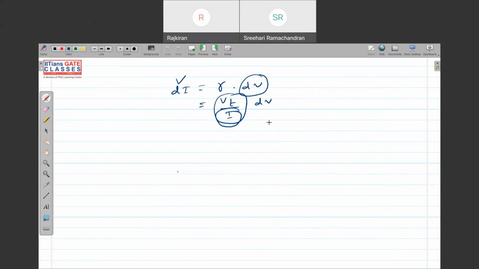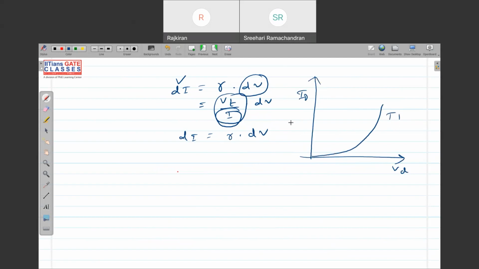So the change in current will depend upon what operating point you are in. And it is also depending on temperature, right, sir? Yes, it will depend because VT is there, so the R will depend on temperature. If you want to draw the ID-VD curve for different temperatures, if for temperature T1 you go to temperature T2, where T2 is greater than T1, it will be like this.